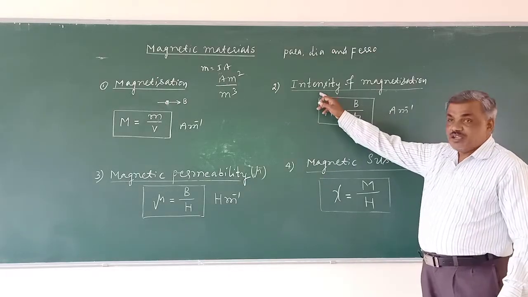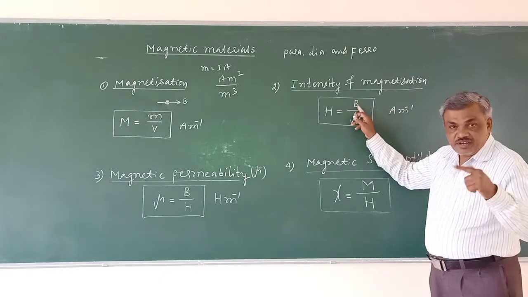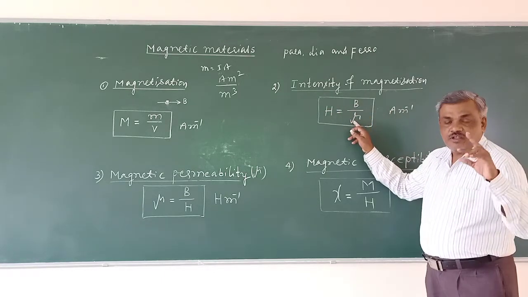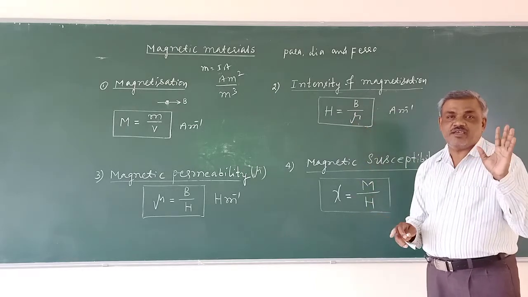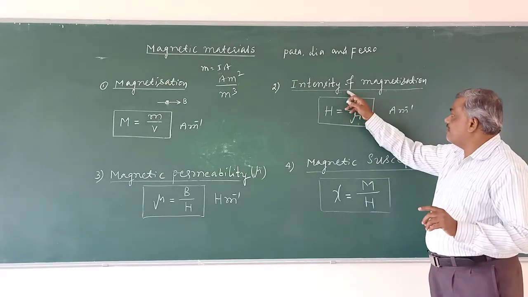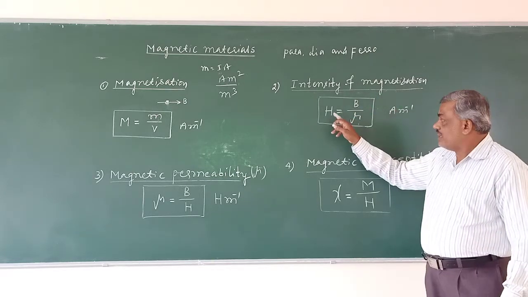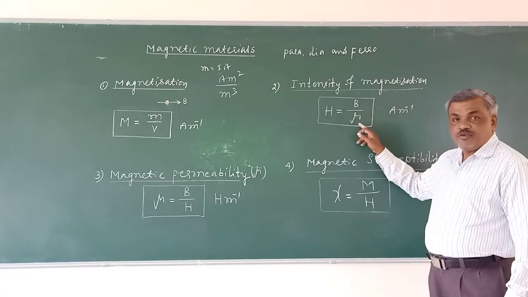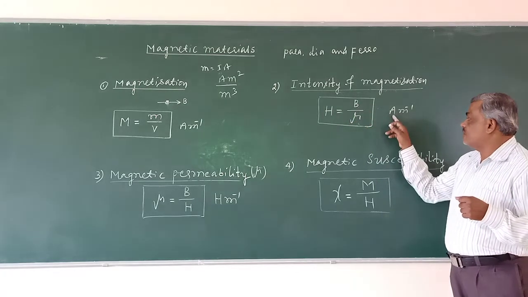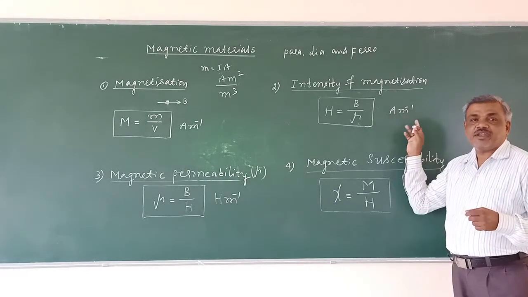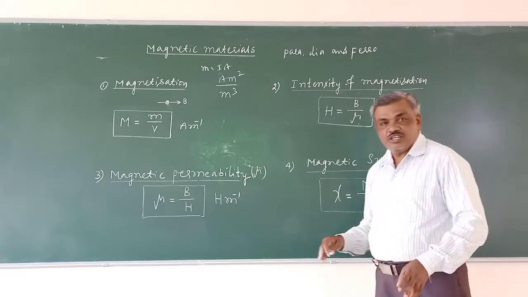Now define intensity of magnetization: the ratio of magnetic induction to the permeability of free space is called magnetic field intensity or intensity of magnetization. Symbol H equals B by mu, where mu is the permeability of free space. The unit is ampere per meter. This is the second term, intensity of magnetization.